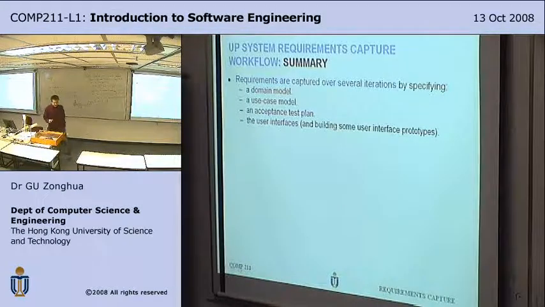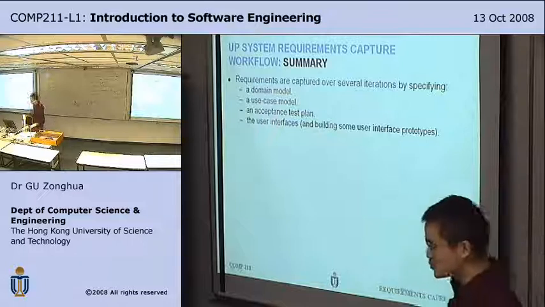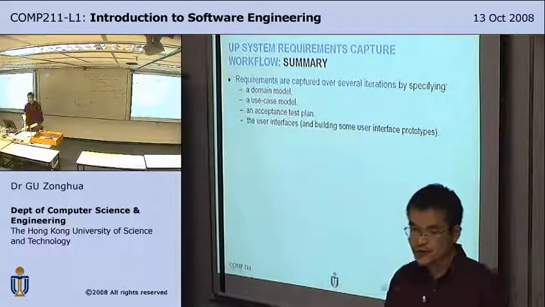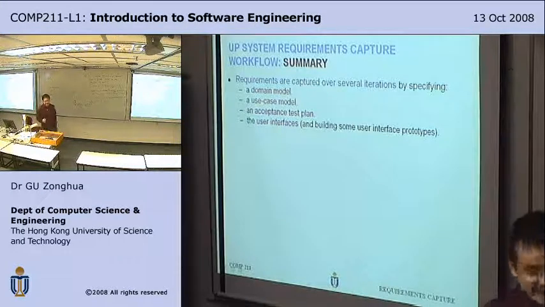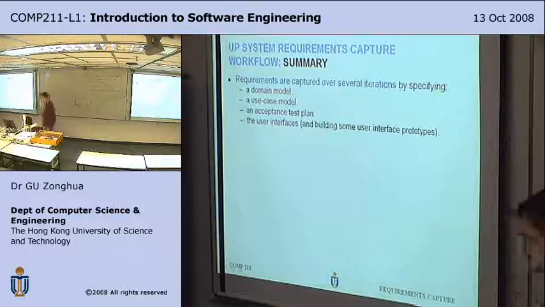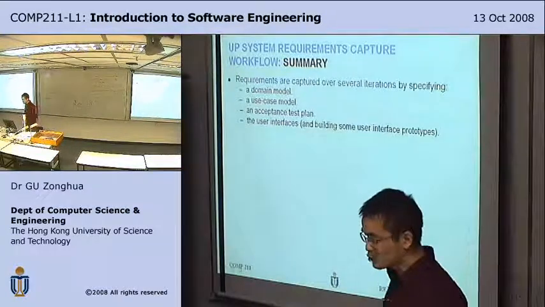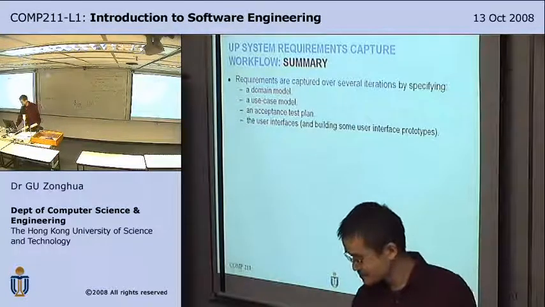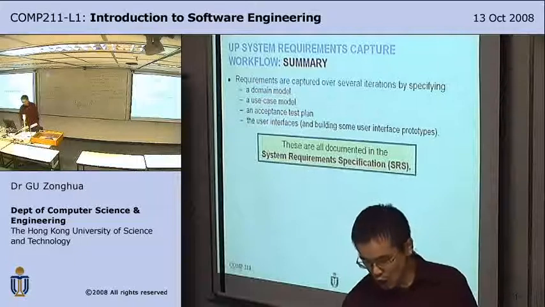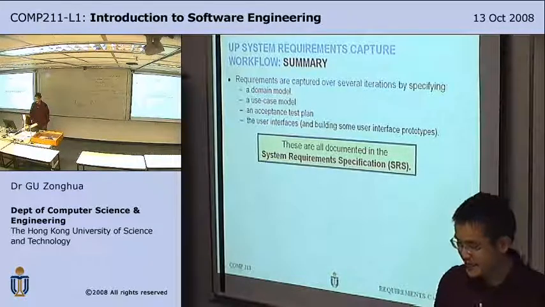So it is desirable, even at the requirement stage, to develop a prototype like what we're doing now, an executable prototype to show the user as part of the requirements process. They're all documented in the SRS.